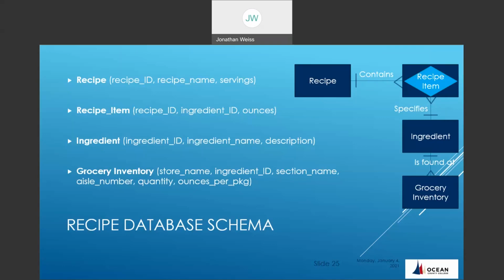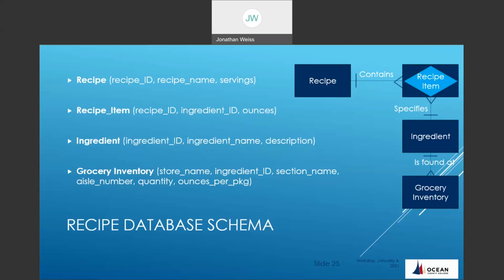Okay, so what is the candidate key for recipe item? This one's a little harder. What field or fields would uniquely identify a recipe item? Yeah, that's exactly right.